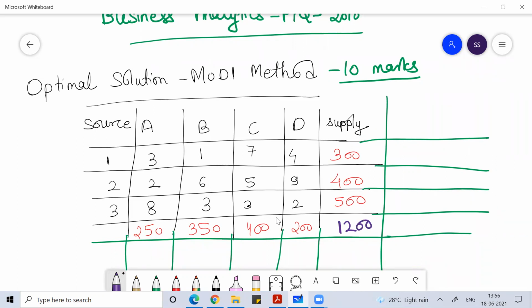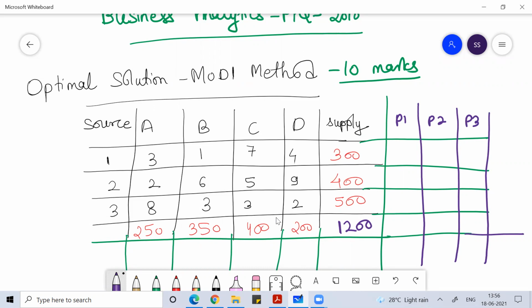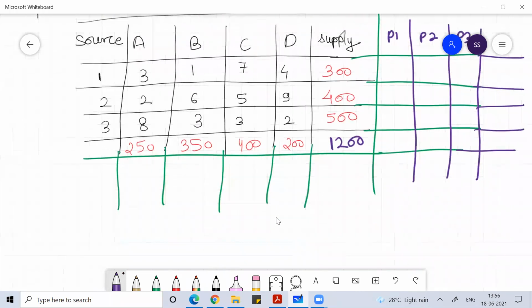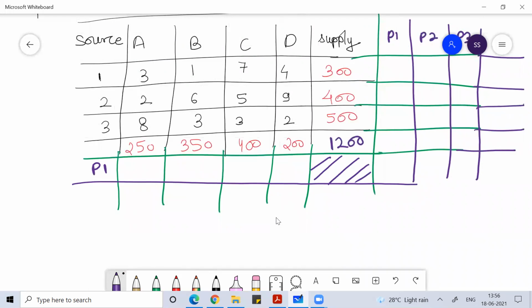If we are using Vogel approximation method, then we need to create penalties, row wise and column wise. If you've seen previous videos, you know how to create a penalty: find the minimum element in the row or column and subtract it from the next minimum element.